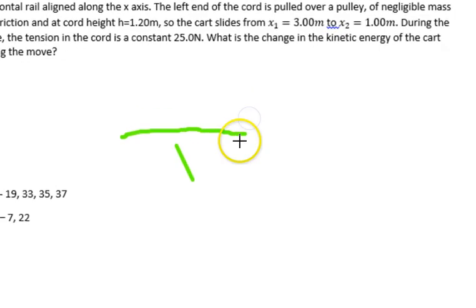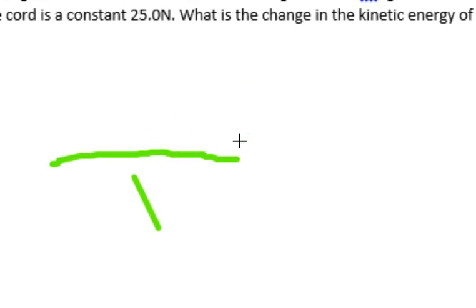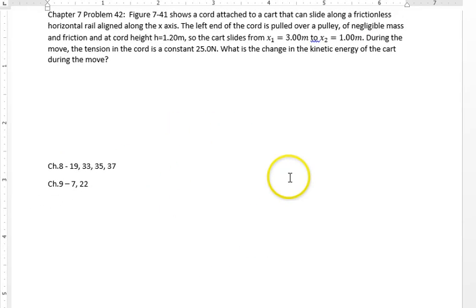Now, what does that mean? That means we need to figure out the component of the force along the direction of the motion, because we don't care about the component of the force straight up.